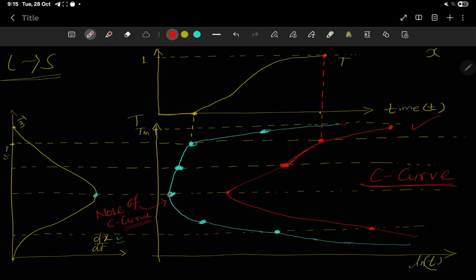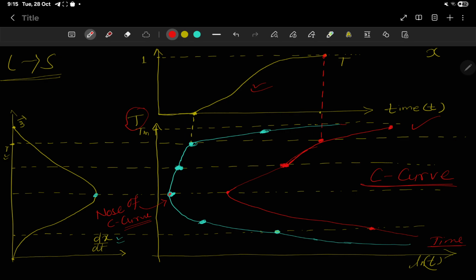Now you can see here we are plotting time on the x-axis and temperature on the y-axis, and this is the transformation, which we plot like this. We get a C curve.